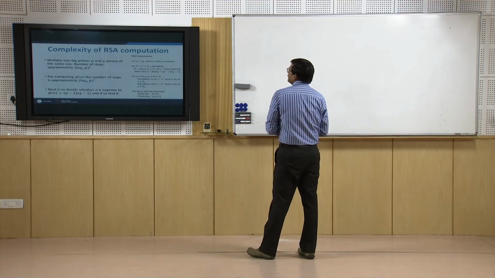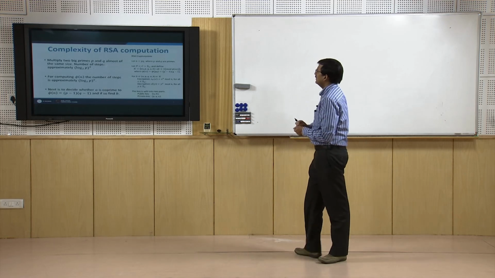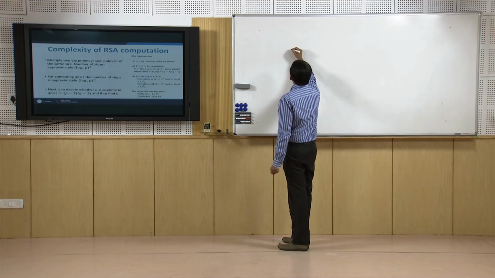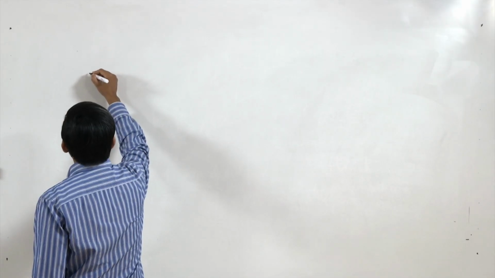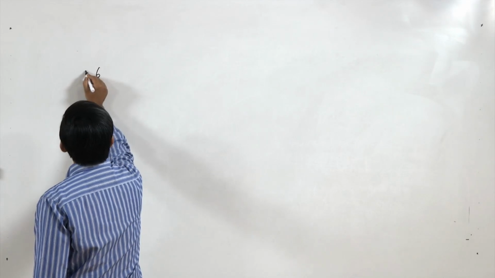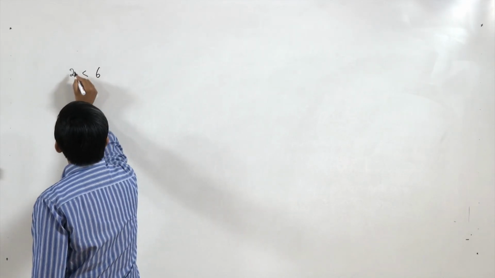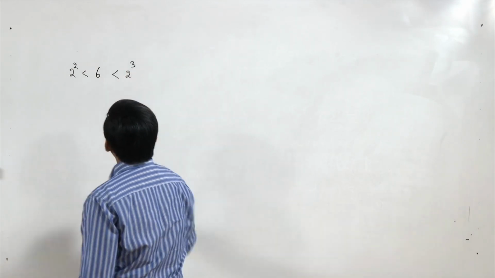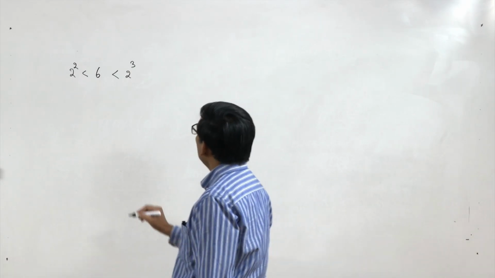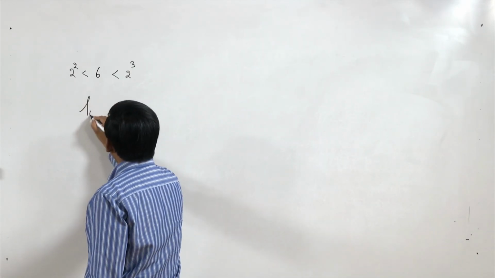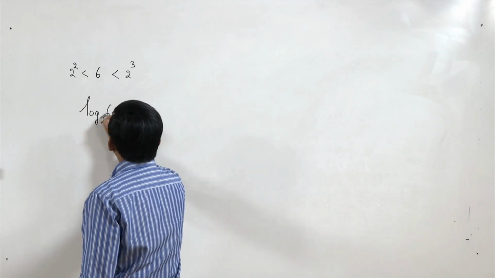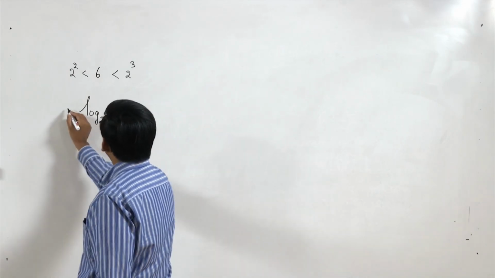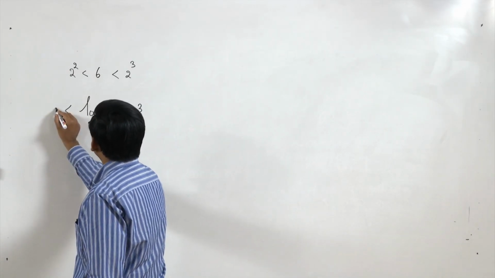Now, for that we can start thinking. For example, if you have a number, let us say 6 is greater than 2 to the power 2 and less than 2 to the power 3. We know that if we take log to base 2 of 6, then it is going to lie between 2 and 3.